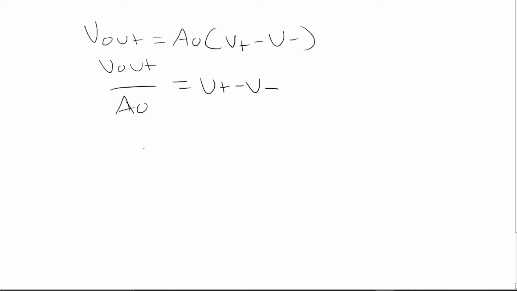Then we are just left with V plus minus V minus, which will equate to 0, as it's trying to simplify out. It's trying to do as much as it can to make its two inputs the same. So when we substitute its two inputs, we get a 0. And this is how rule 4 came about.